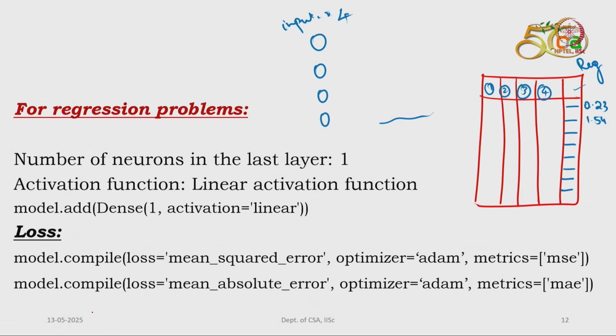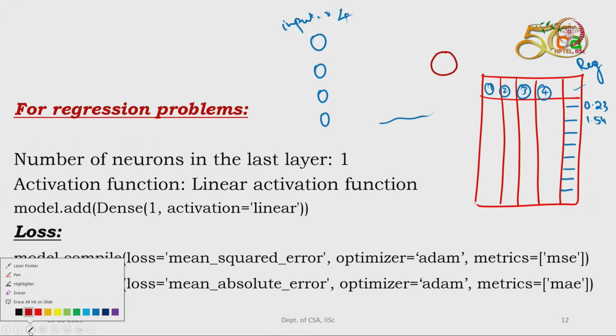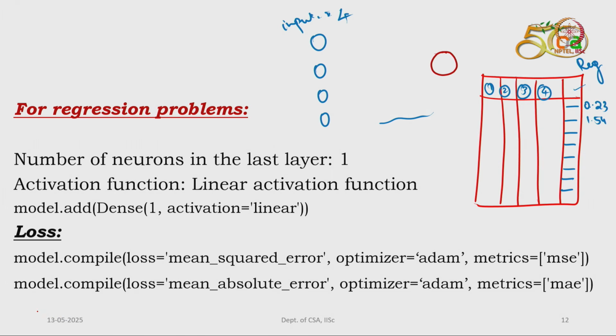At any given point of time, a regression problem prediction will be a number. For example, if you ask what tomorrow's temperature will be, you are going to predict just one number. Because you are going to predict one number, the number of neurons we place at the output layer will be 1. We will have only one neuron at the output layer.